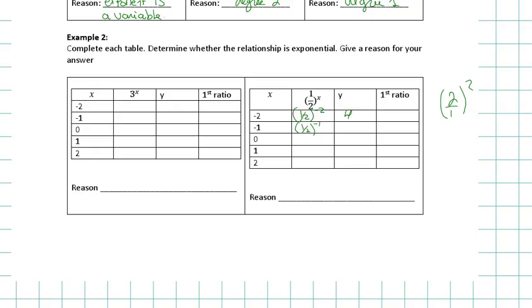How about 1/2 to the power of 0? What did we say? Anything to the power of 0 is 1. What's 1/2 to the power of 1? Just wait a second.